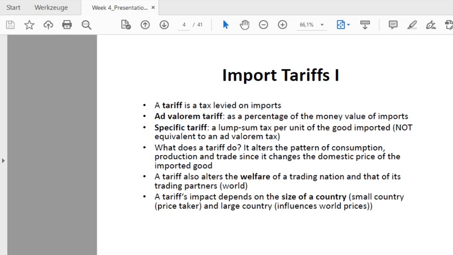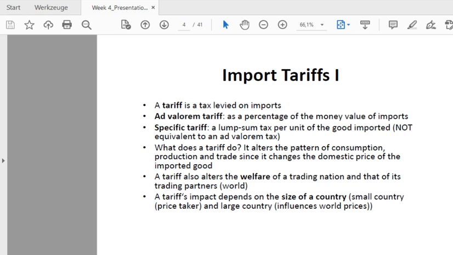For example, 10% of the value of something that costs 100 rands, so it would be 10 rand, the ad valorem tariff. A specific tariff is a lump sum tax per unit of the good imported, which is, of course, not something equivalent to an ad valorem tax.